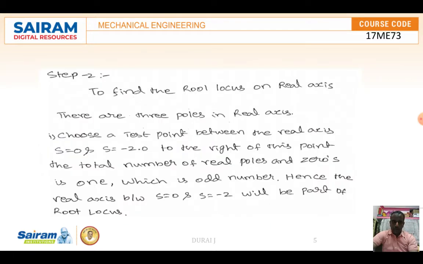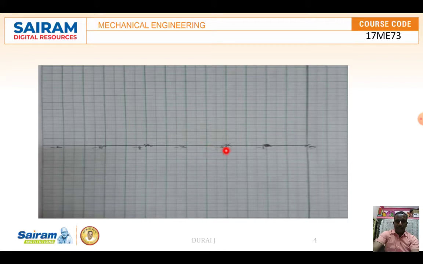In this root locus we do both the graph and the calculation simultaneously. Then we find the root locus portions. First we check 0 and minus 2. We keep the hand exactly here, then check from there to the right side how many poles and zeros there are on the real axis.